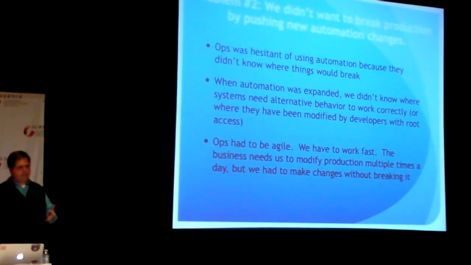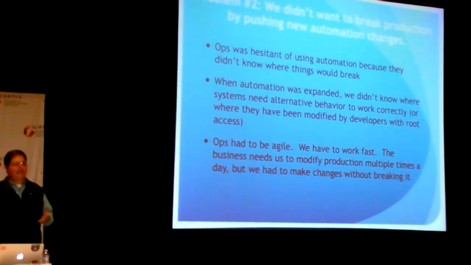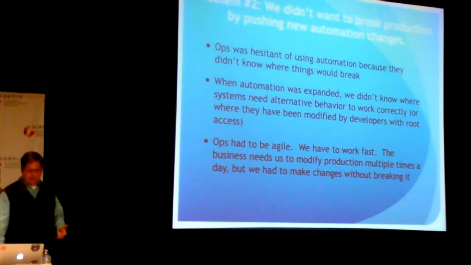And a lot of times administrators don't know. If you have 30,000 machines, you can write a policy and try to enforce system state, but if you don't fully understand your infrastructure, you can cause outages and you can break things. So we have to work fast. We have to make, like I said, 10 to 15 changes to production a day, but we can't spend hours trying to collect all of this data.